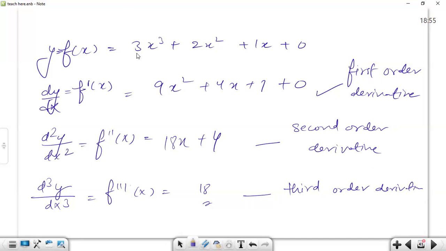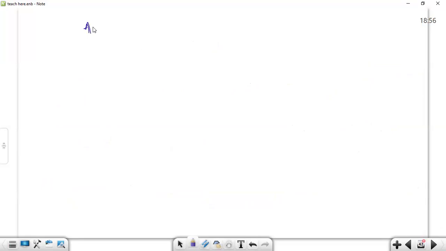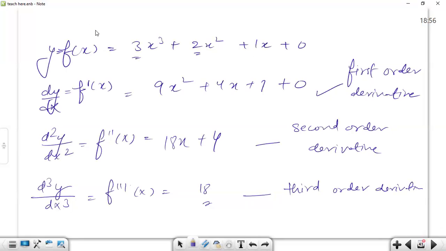So here we can see there were 3 arbitrary constants, and we had to find out the 3rd order derivative, right?